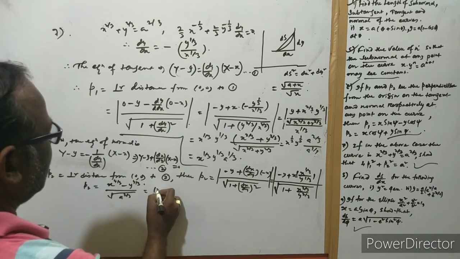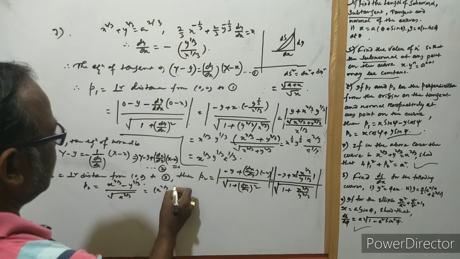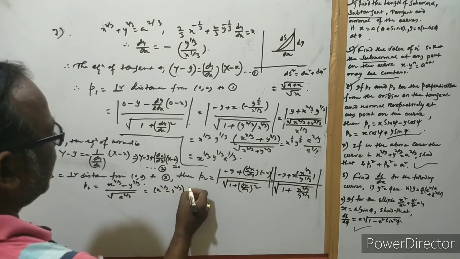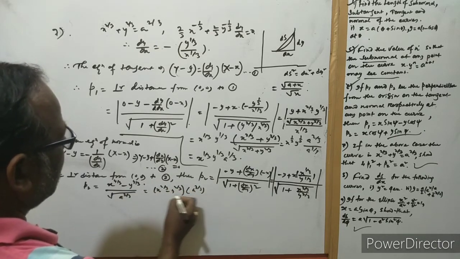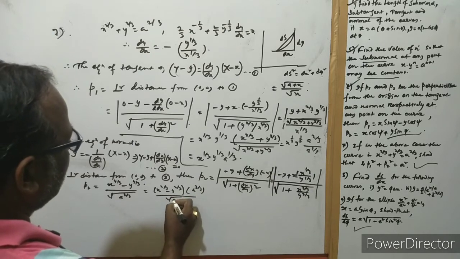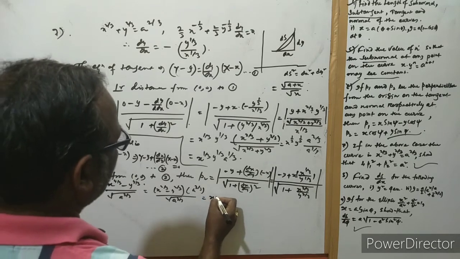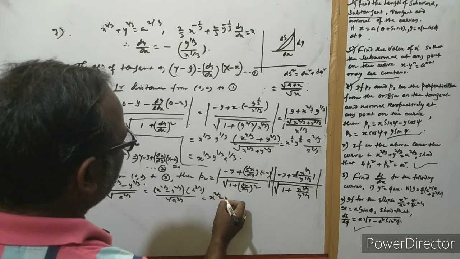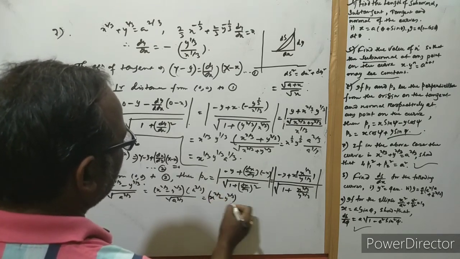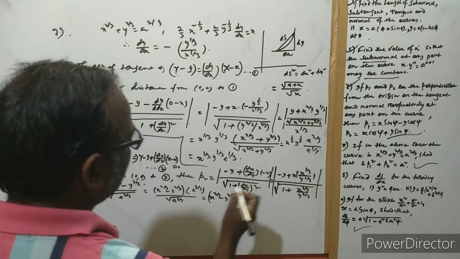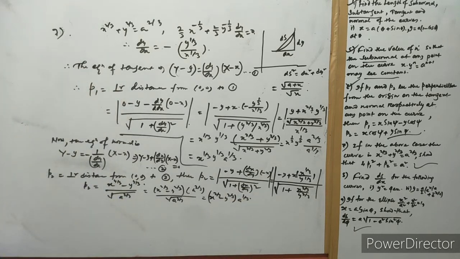So simplify x to the power 2/3 minus y to the power 2/3, and the other factor is a to the power 2/3 over a to the power 2/3, and this is a 1/3. So P2 is x to the power 2/3 minus y to the power 2/3 and a to the power 1/3.